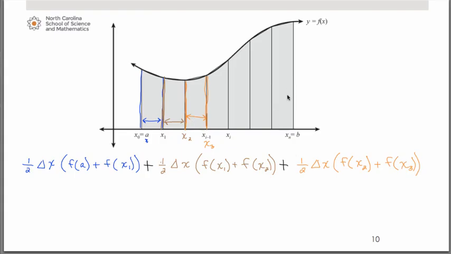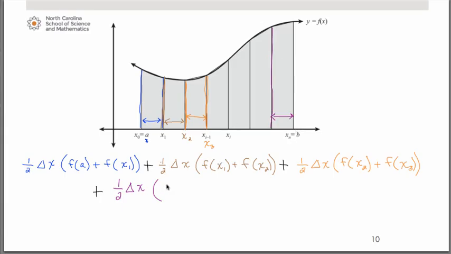Now let's jump though to the very last trapezoid. For this last trapezoid on the far right, we would have 1/2 this height, which is still delta x, times the sum of the bases. Now we would need to designate how we would obtain this length for the top base of that last trapezoid.